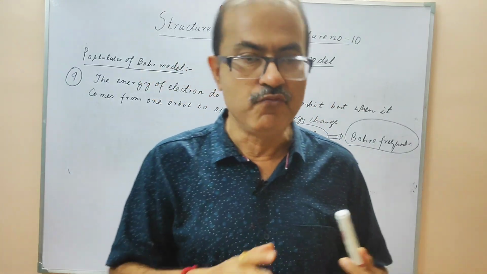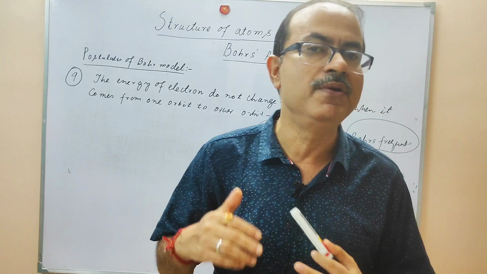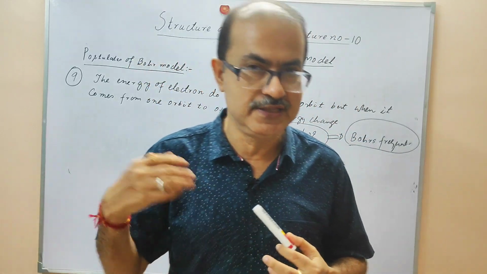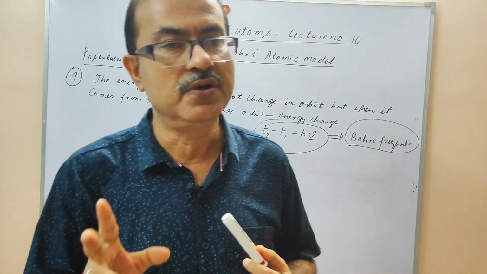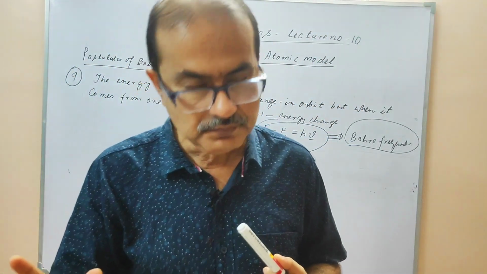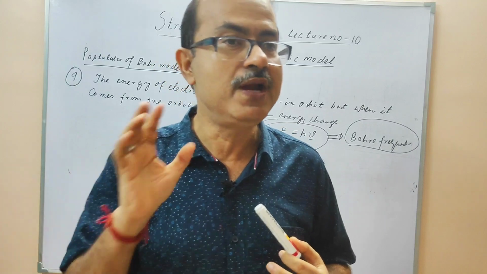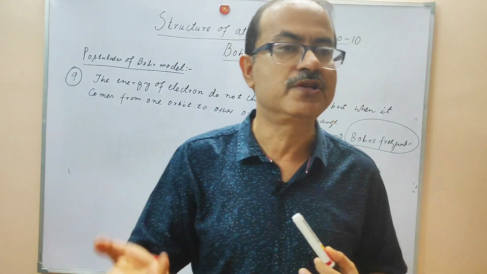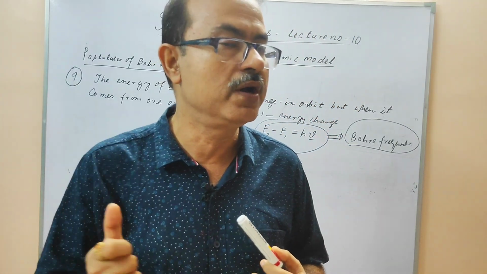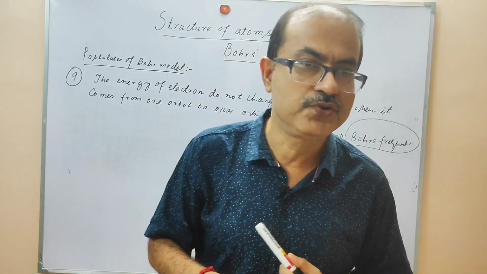In this way, the Bohr model is a very good model, there is no doubt, but it needs some improvement. That we are going to discuss in the next video. First we will discuss the uncertainty principle and the wave nature or dual nature of matter, and then we will discuss the quantum mechanical model of the atom afterwards. And that is all for today's video.